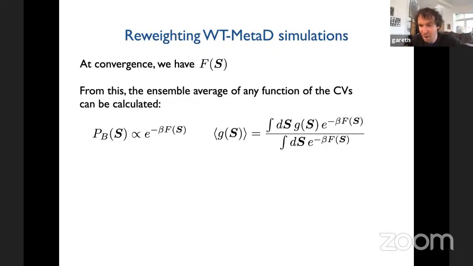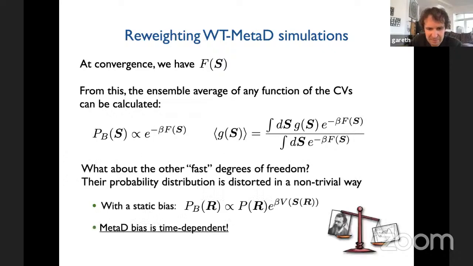So maybe there's some other metastable state that you might think was important. You didn't think that there was such a big barrier that you needed to bias in order to get crossings, but you want that information about the relative free energy of that state. Well, what you can do there is you can reweight and you can extract that free energy. Okay?